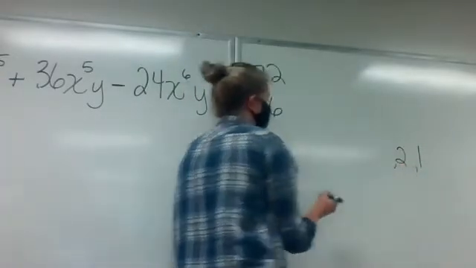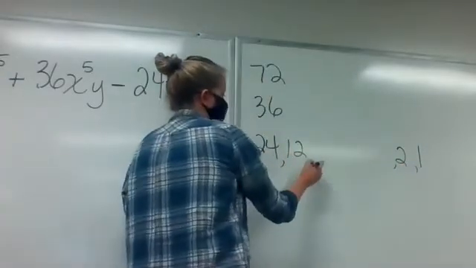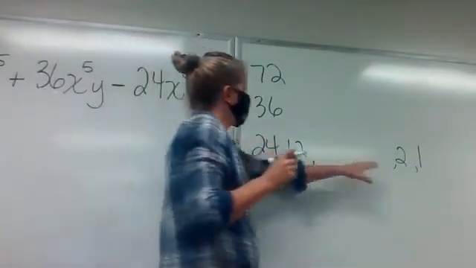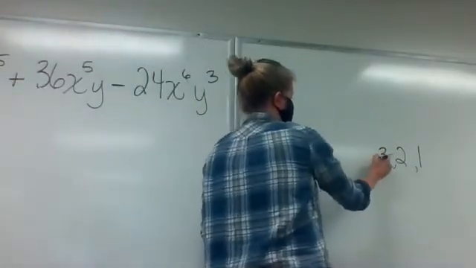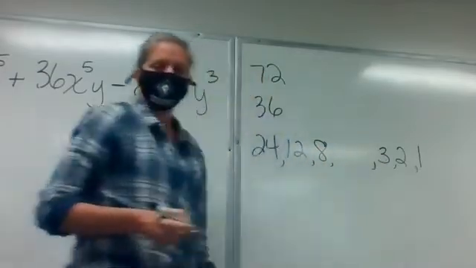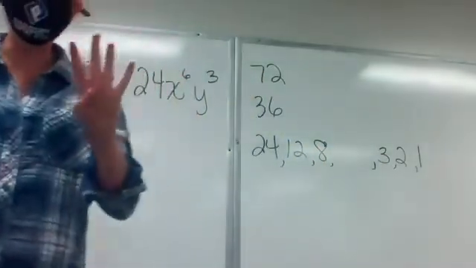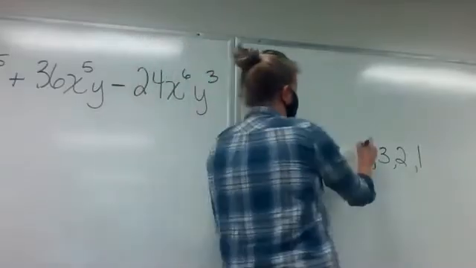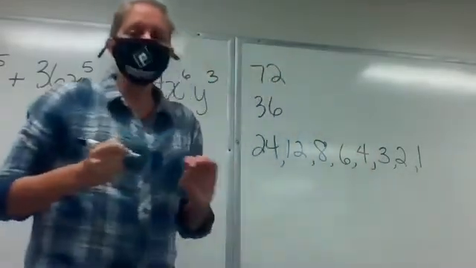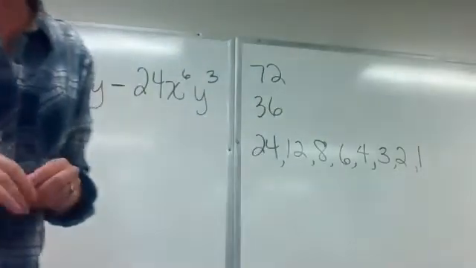Yeah, 2 times 12. Let's see, does 3 go into it? Yes, 3 times 8 is 24. Does 4 go into it? Yes, it does. 4 times 6. And that's all the ways to multiply to get 24.